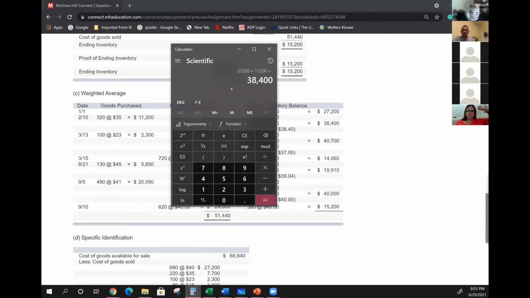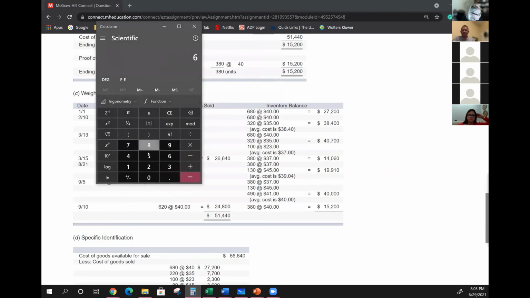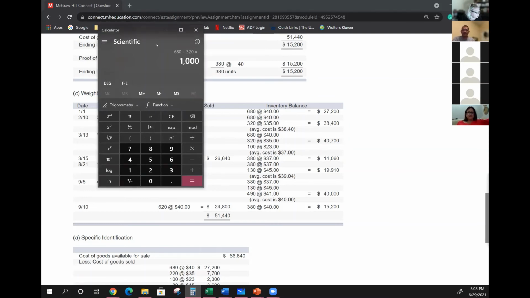So now my total cost is 38,400 for the 680 plus the 320, which gives me 1,000 units. Well, I want to figure out what is my cost. I take the 38.4 divided by the 1,000 units, 38.40 per unit. So that's what I have to use as my cost when I sell, if I don't buy anything else.